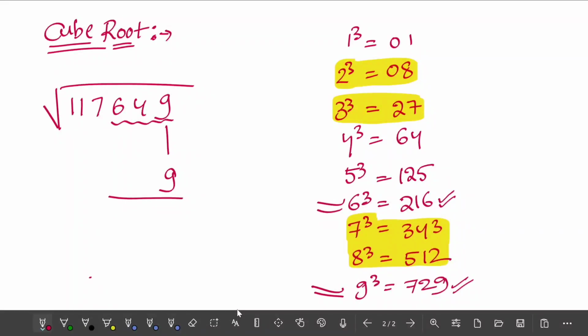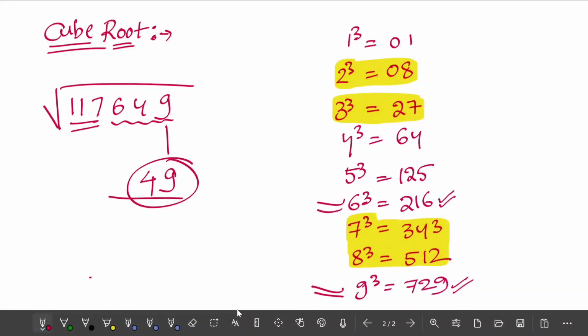Now leave the 3 numbers from the right and consider the first 3 numbers here. So is there any cube number before 117? Yes. What is it? 4 cube is 64, 5 cube is 125. So before 117 there is a cube number 64. 64 is whose cube? 4's cube. Right? Here put 4. Answer is 49.